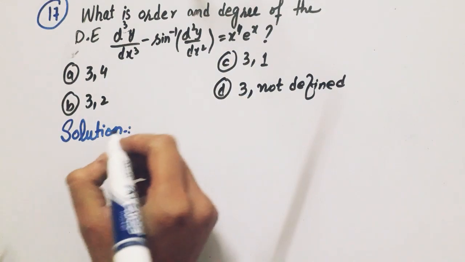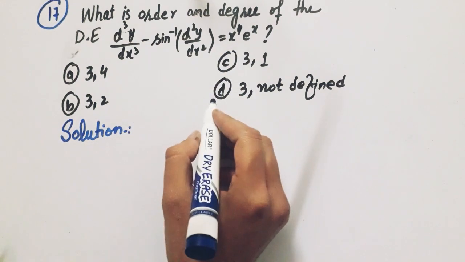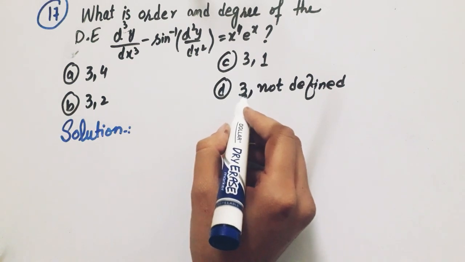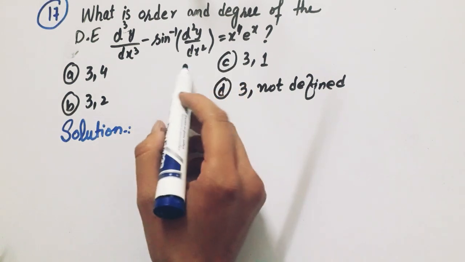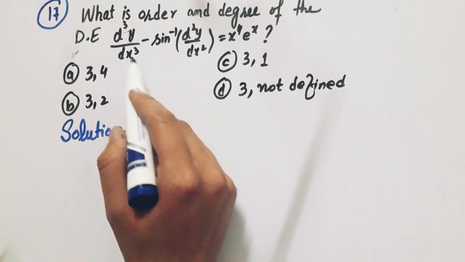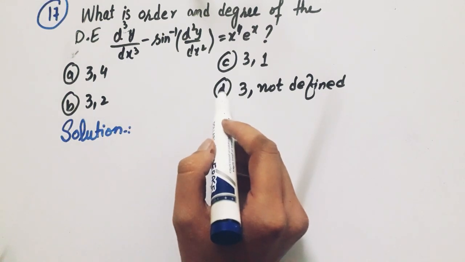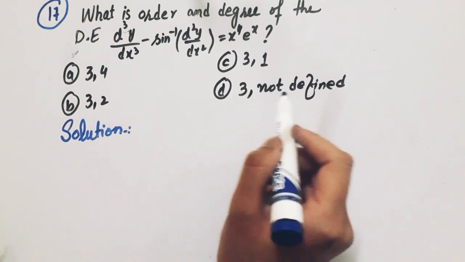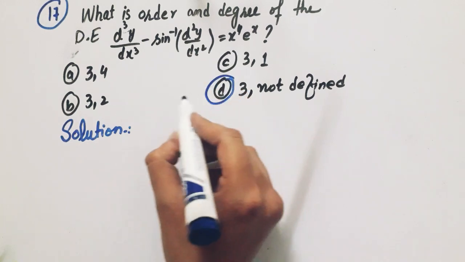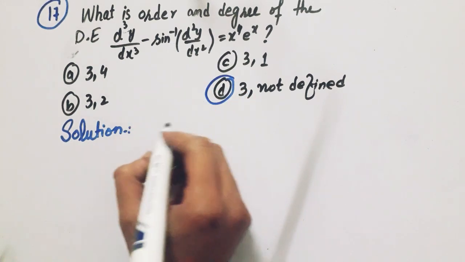So degree always depends upon the highest order present in this equation, which is equal to 3. Since the equation is not a polynomial, we will say this is not defined, because we have sine inverse.